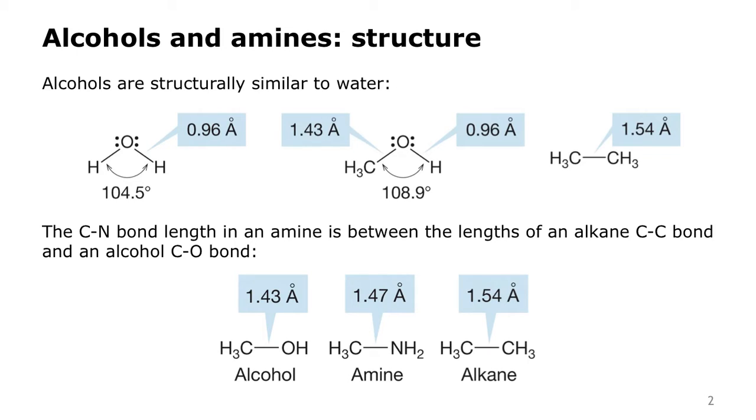Just as with carbon-oxygen bonds, we also find that carbon-nitrogen bonds are a little shorter than a typical carbon-carbon bond for the same reason that I mentioned before, and that is the electronegativity of the nitrogen, its effective nuclear charge, meaning the electrons near that nitrogen are a little bit more stable. As a result, the carbon-nitrogen bond is a little stronger, a little bit more stable than a carbon-carbon bond. But of course, nitrogen isn't quite as electronegative as oxygen, so the effect is a little smaller.